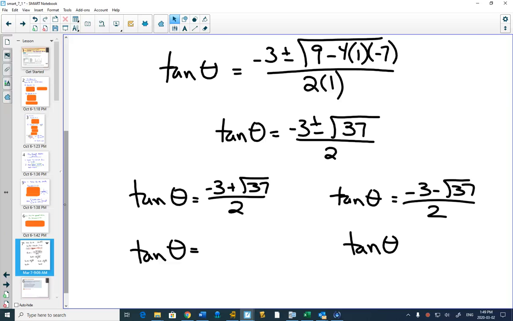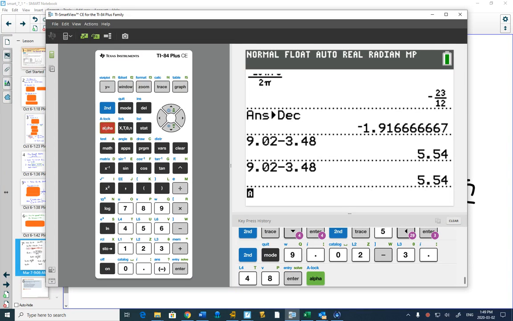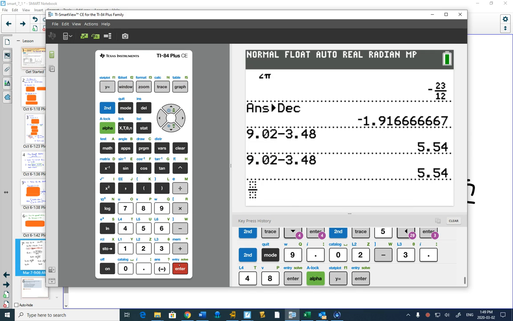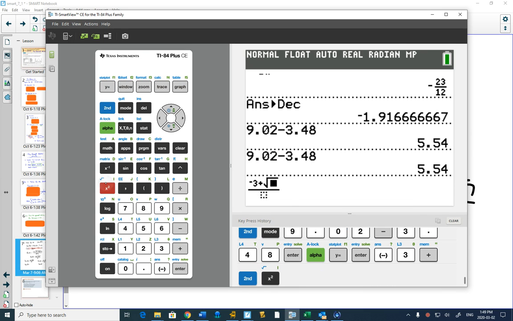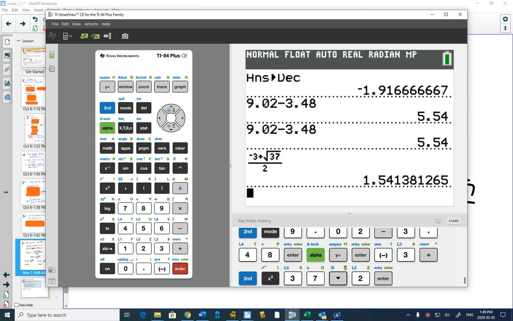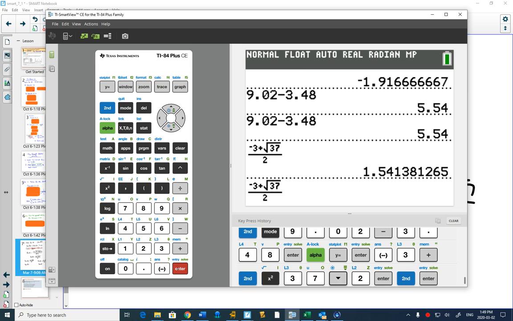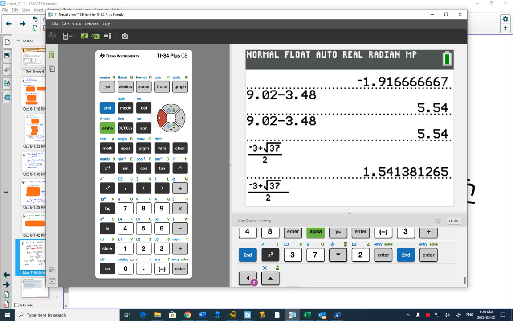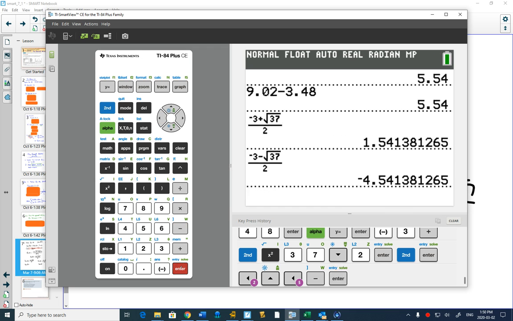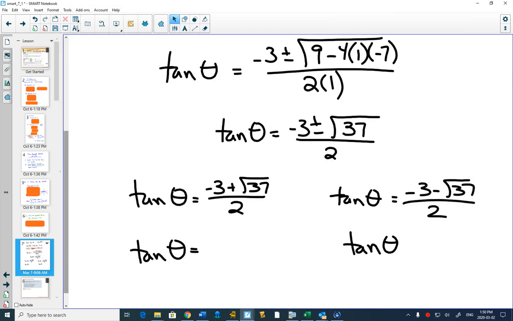So sometimes in these cases, you go to your calculator, you type in negative 3 plus the square root of 37 divided by 2, get 1.54, and then the same thing with the minus sign, and get negative 4.54. So this one you know is going to be in quadrants 1 and 3. And this one you know it's going to be in quadrants 2 and 4.